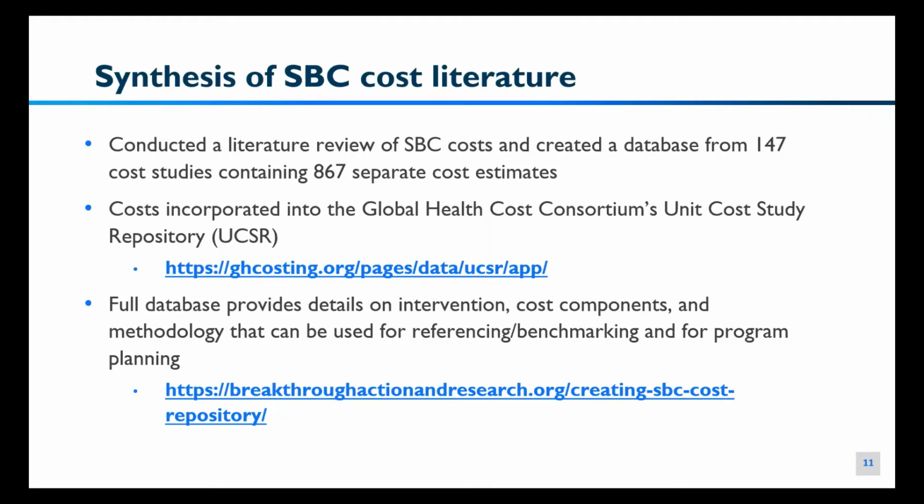There is also this full database, which provides the complete details on the intervention, the cost components, and the methodological aspects, and even some impact data if there were associated impact data with the study. And so a little bit further information on each of the studies, and the web address where that's available is also shown here. Next, please.